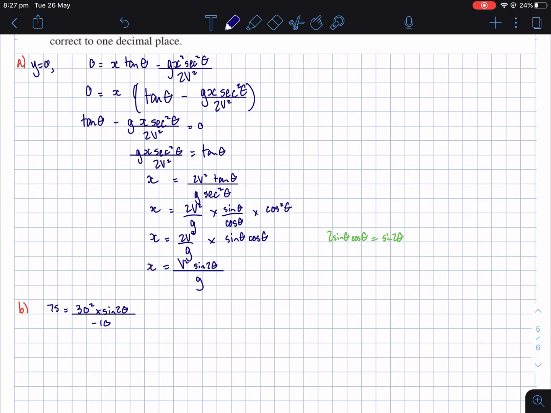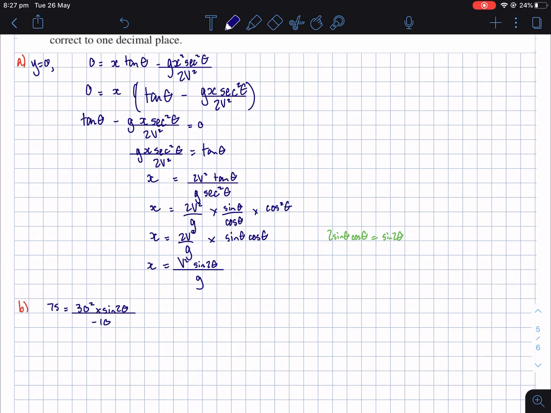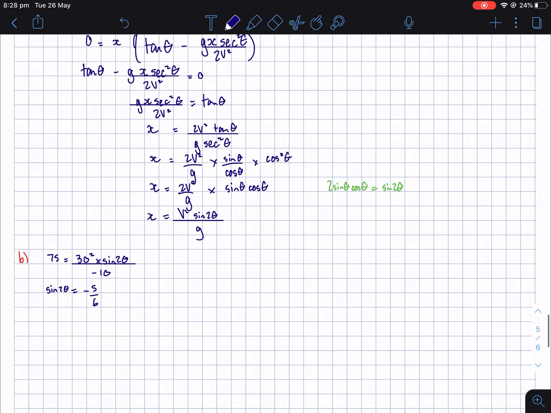So now I've got sine 2 theta, I rearranged. I've got sine 2 theta equals negative 750 over 30 squared, so negative 5/6. So 2 theta equals arcsine negative 5/6.